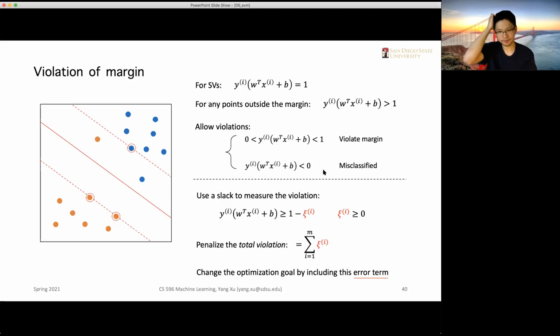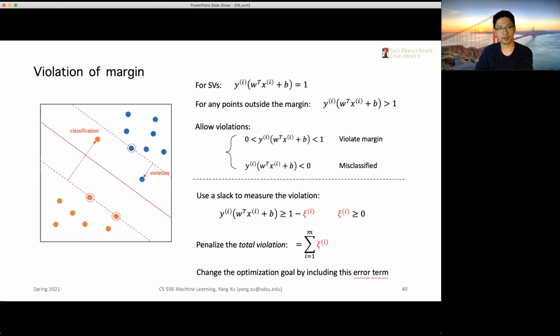So we can basically include this slack, this psi, into the final optimization function, and the total violation is the summation of each psi here.